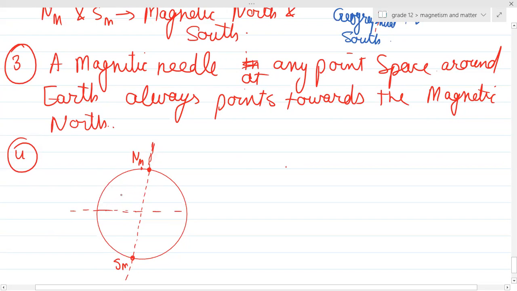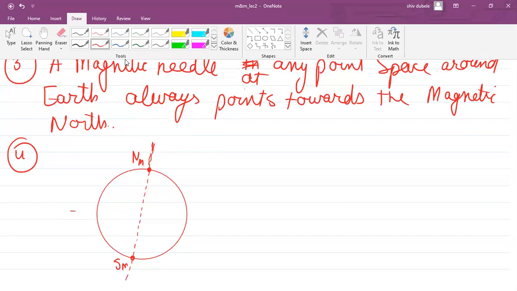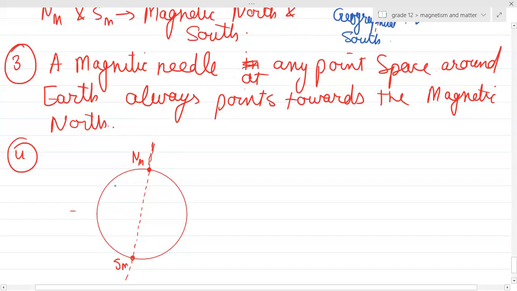Yes or no? Later on, when the Earth's magnetic field was observed, it was somewhat like this. Let me draw it for you. Just give me 2 minutes. The Earth's magnetic field looks somewhat like this. Suppose this is the surface of Earth, and I'm drawing in this plane. So there will be certain lines which will be like this.